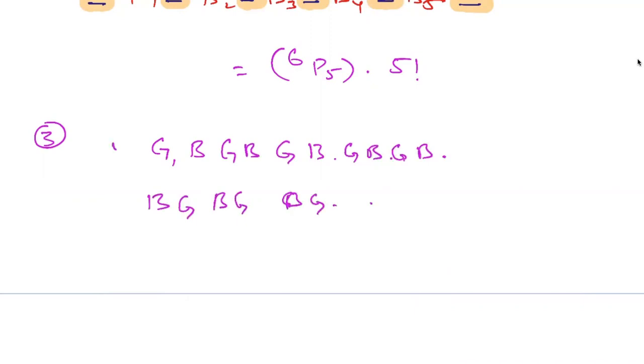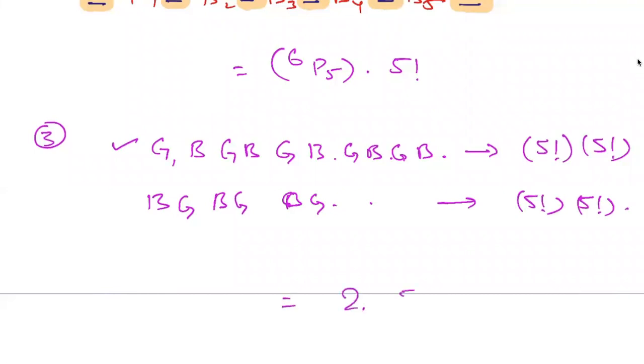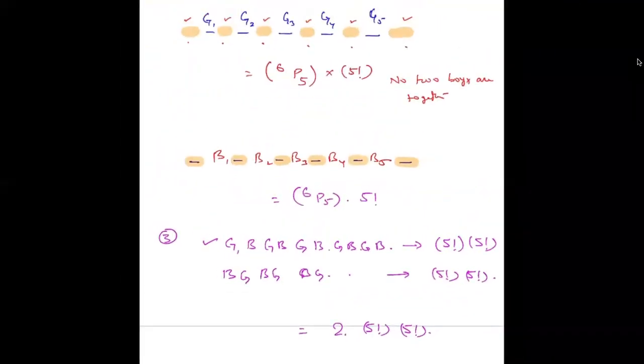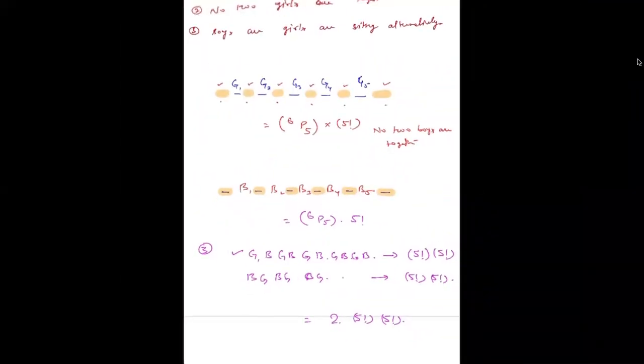So first case is factorial 5 into factorial 5. Second is factorial 5 into factorial 5. So we can say this is 2 into factorial 5 into factorial 5. So these are three different questions, but in a different way we can solve.